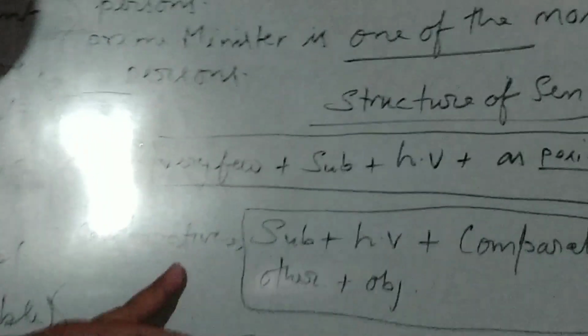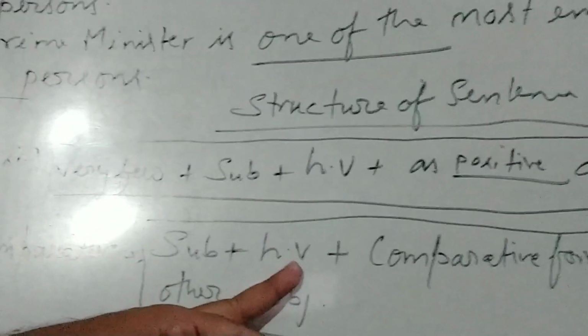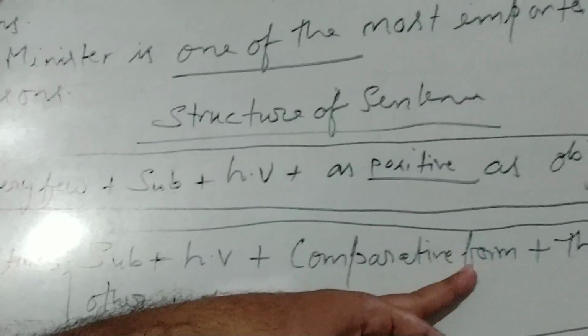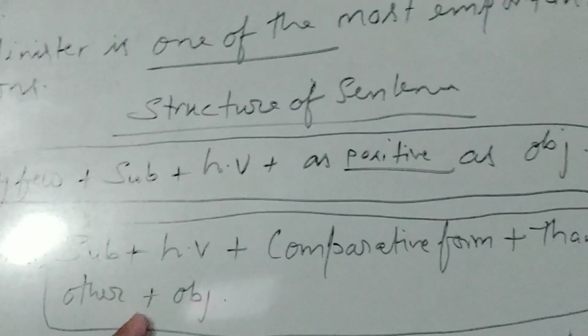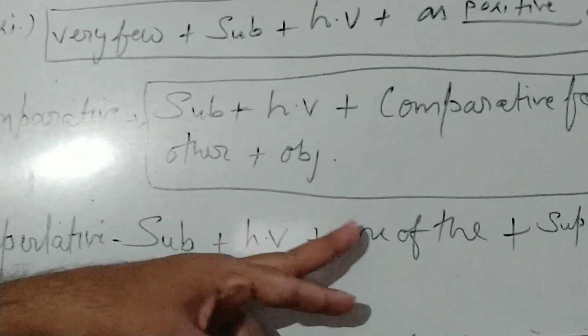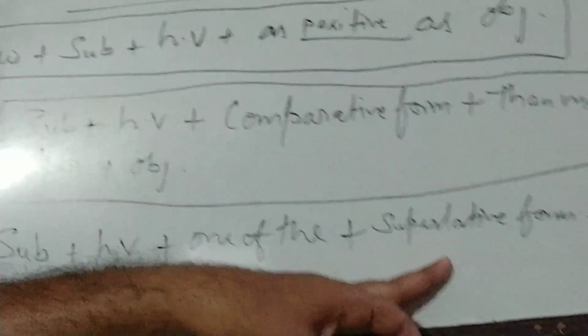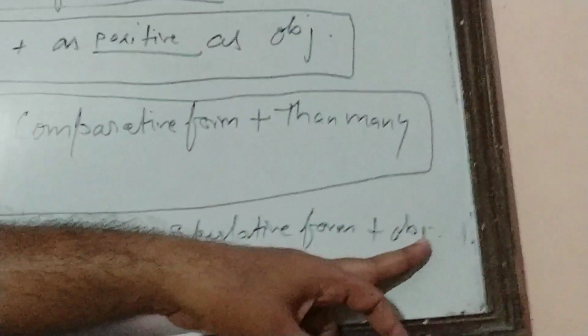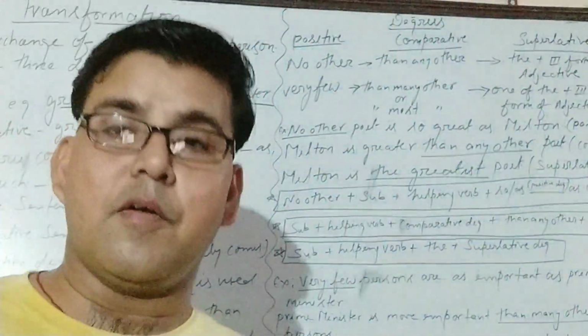Now in comparative, subject plus helping verb plus comparative form plus than many other plus object. In superlative, subject plus helping verb plus one of the plus superlative form plus object. So these are the structures of the sentence according to the degree given. In this way you can learn what comes after.